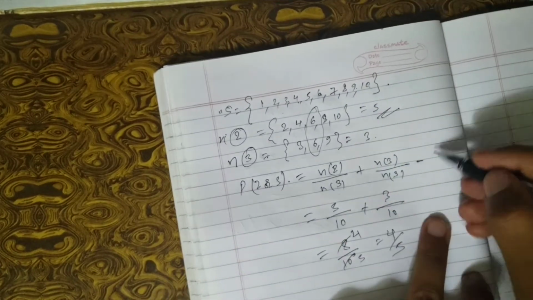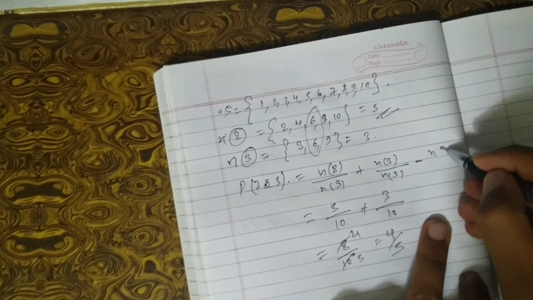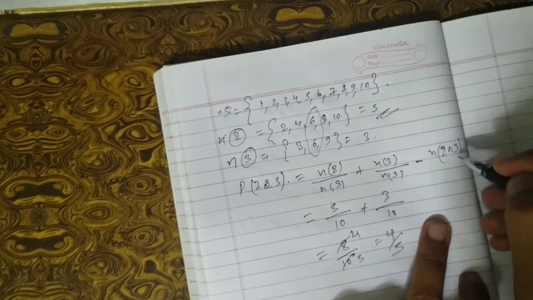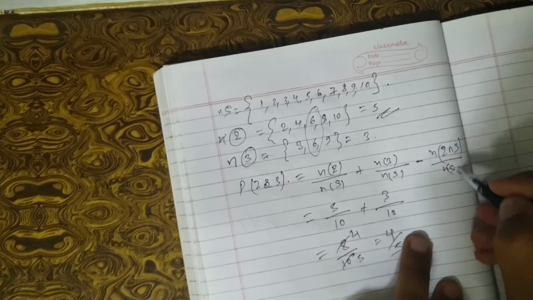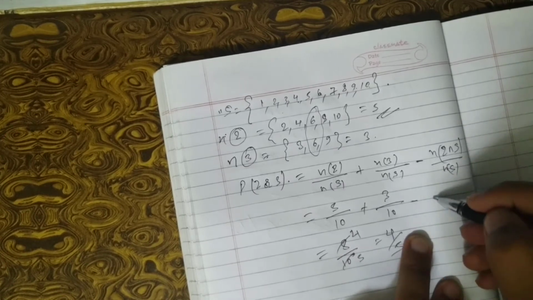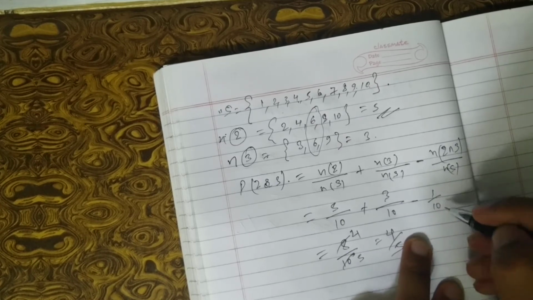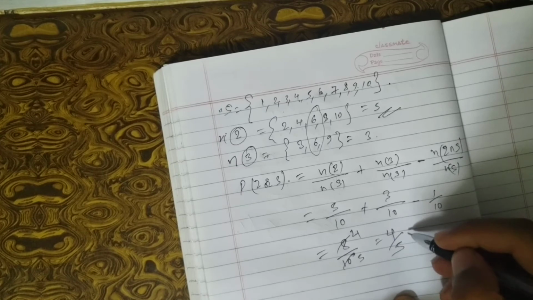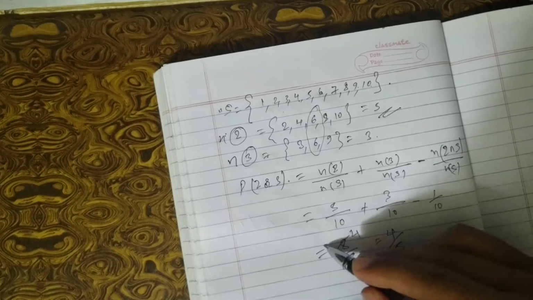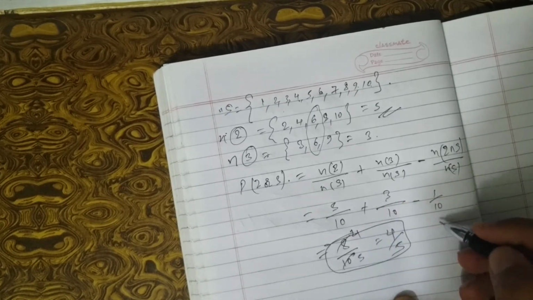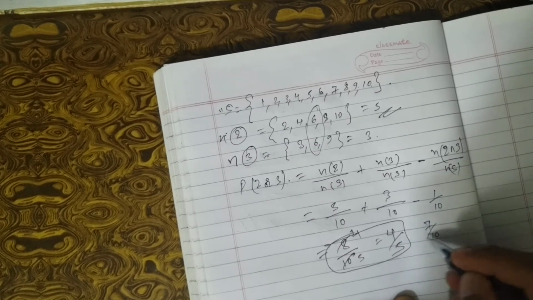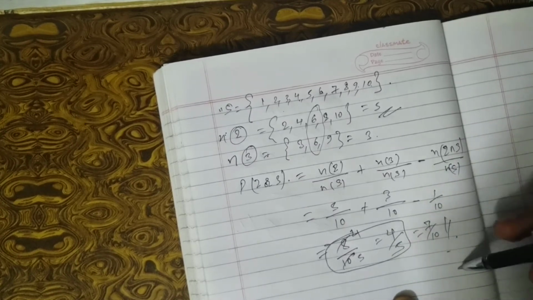So the 2 intersection 3 divided by the total number of samples, minus one common, out of the 10. So this will be 5 plus 3 minus 1, so 7 by 10.